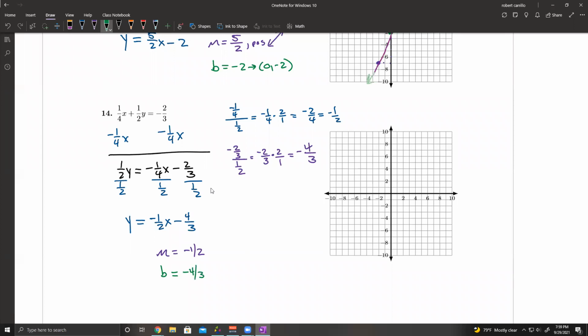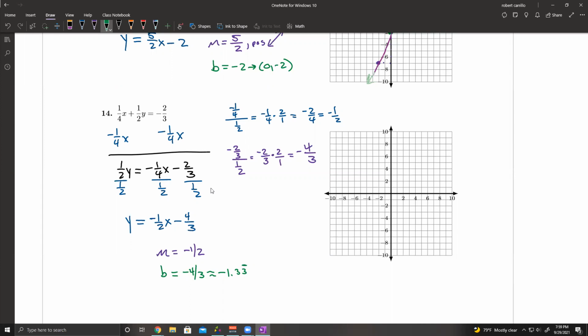But we need to graph this. So somebody give me the decimal number for -4/3. -1.33 repeating, right? Okay. So we have to put that in decimal number because we need to put it on our graph.